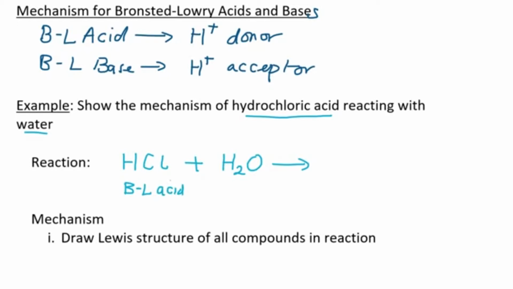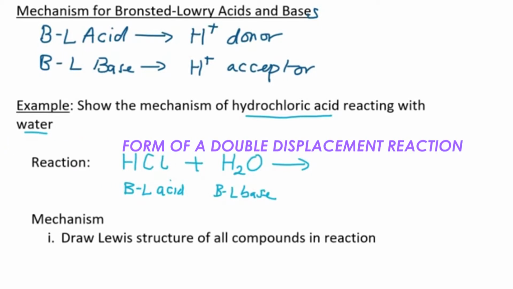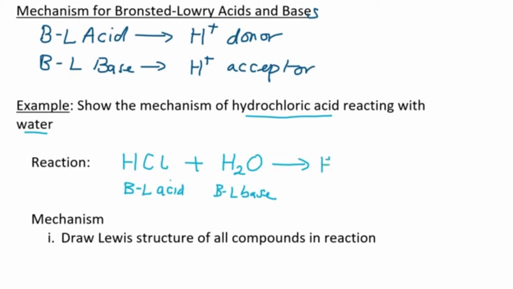We expect this to donate protons to its Bronsted-Lowry base, and we expect our product to have a hydronium with a positive charge and our chloride, which has a negative charge. So now you see this reaction, you're wondering what is the mechanism for this particular process.